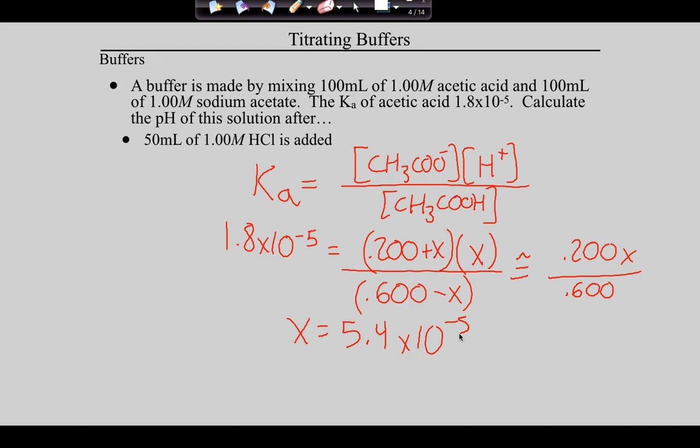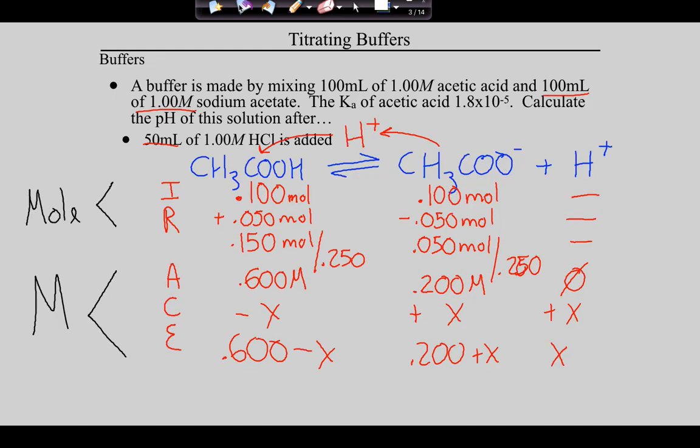Guys, let's pause again for a moment, please. I know that this is not where this problem is headed, but some of you still screwed this up on the test. So guys, imagine if instead of saying, what is the pH, the question was, what are the molarities of all of these things at equilibrium? Hypothetically. So if the question said, what are these molarities? Well, how would you figure that out?